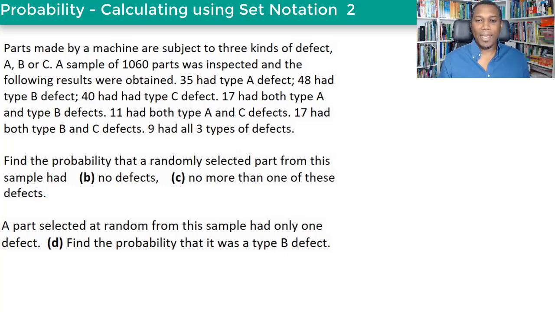I would recommend you list the different facts that were given, on separate lines: 39 had defect A, 49 type B, and so on, down to 7 had all 3 types of defects. That might make it easier to interpret the information and solve the problem.